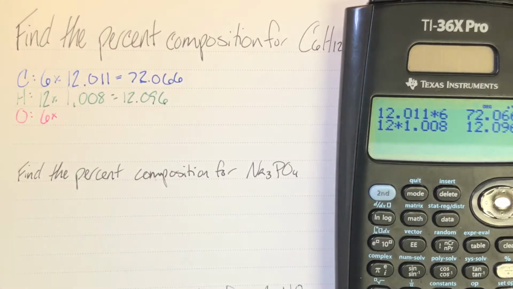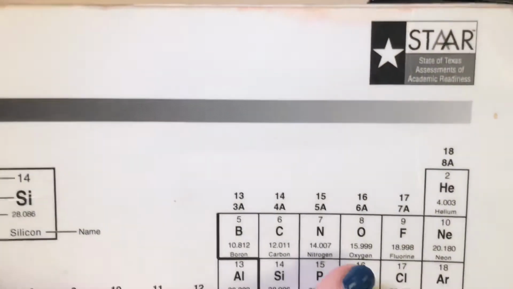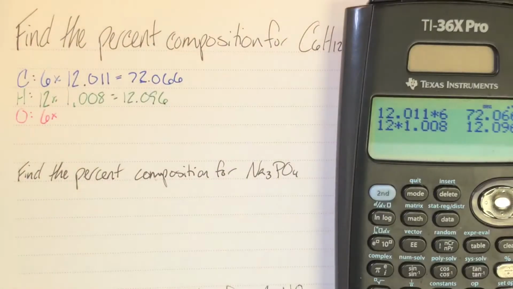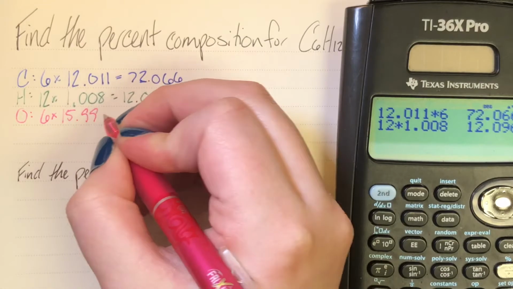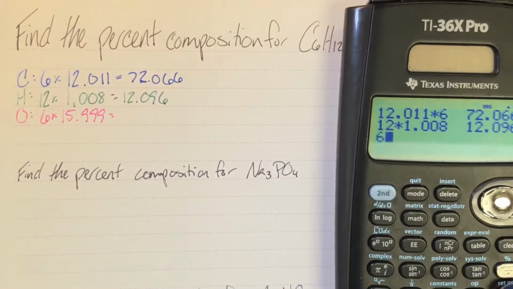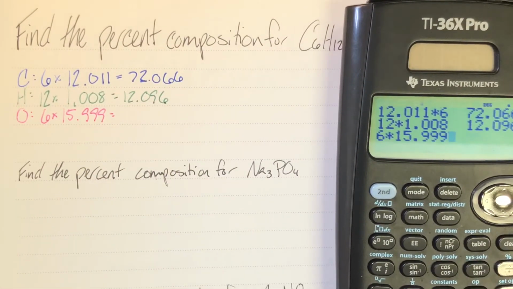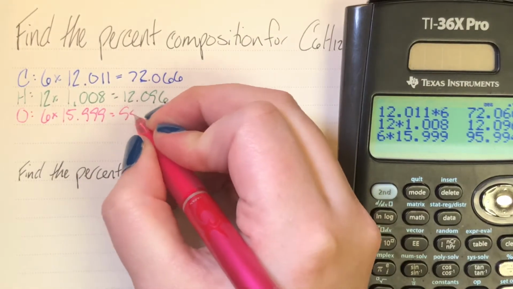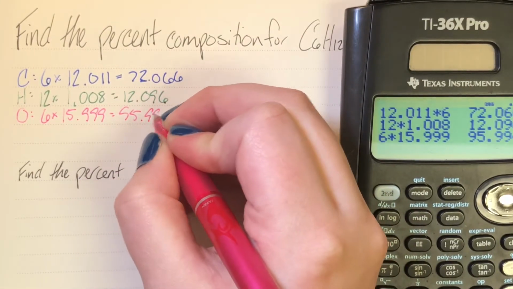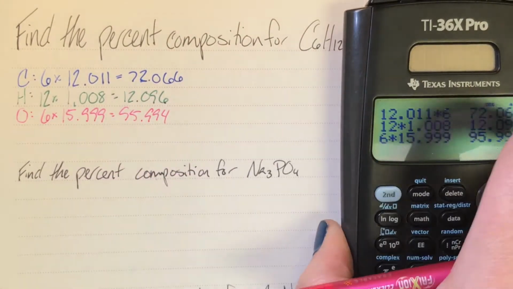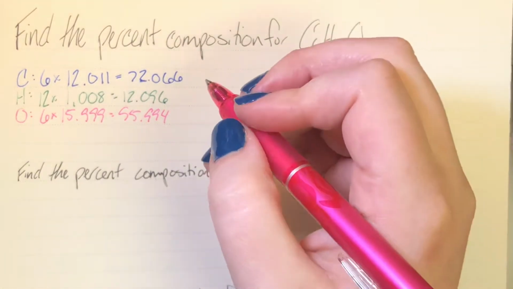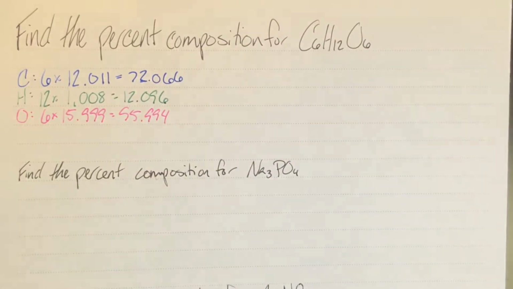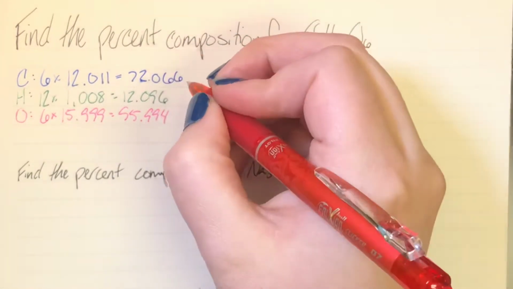And then oxygen has a mass of 15.999, and 6 times 15.999 will give me 95.994. So now I have all of my individual pieces, and I can go ahead and add those up and find my total.